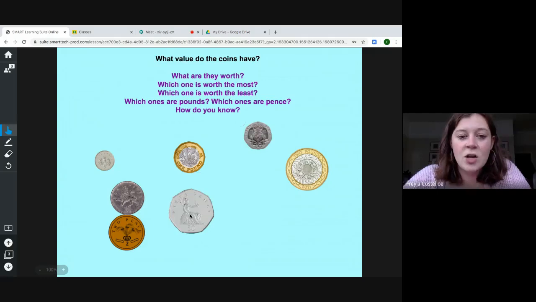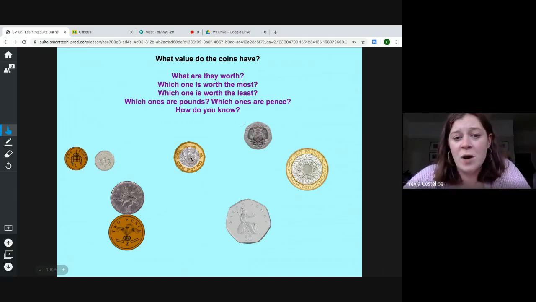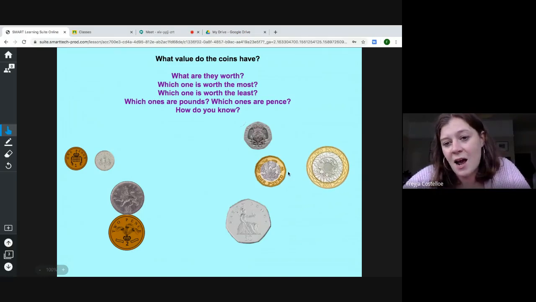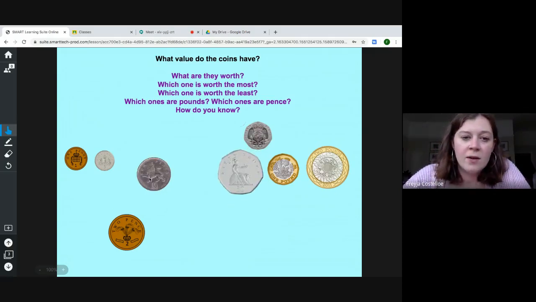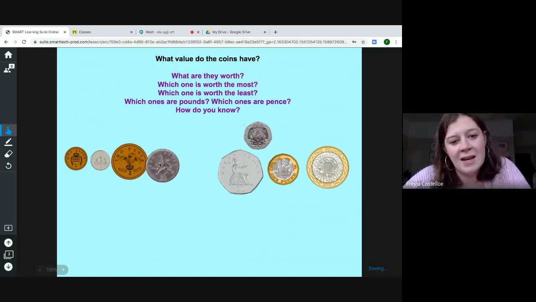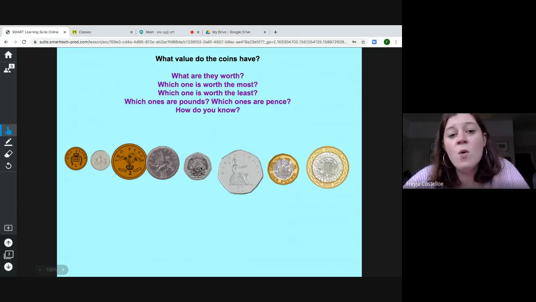So even though it is bigger and the number is greater, our 50p is worth less than our £1, and less than this one here, our £2 coin. Okay. And there's our 10p. Our 2p is greater than our 5p, but less than our 10p. And this one here is 20p. So it is worth more than 10p, but less than 50p.